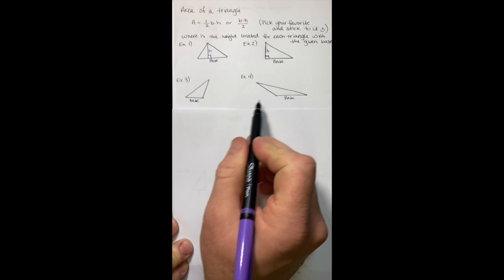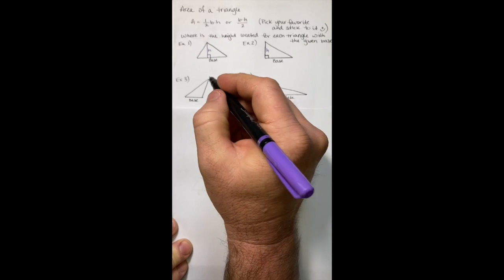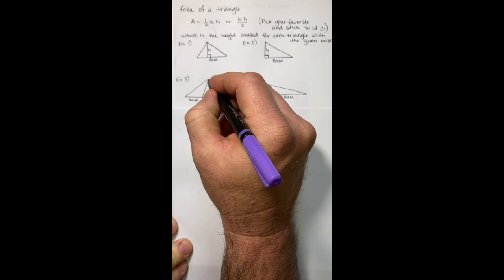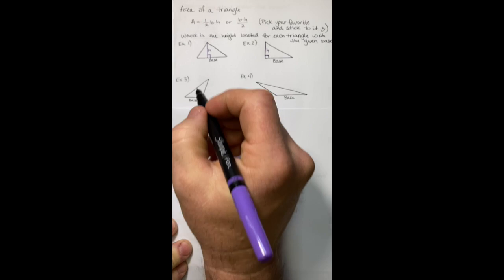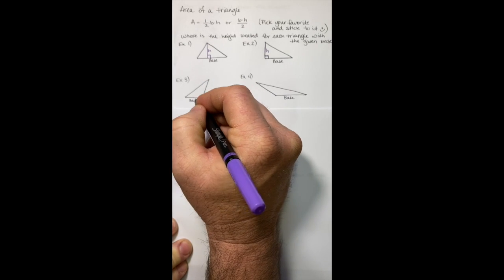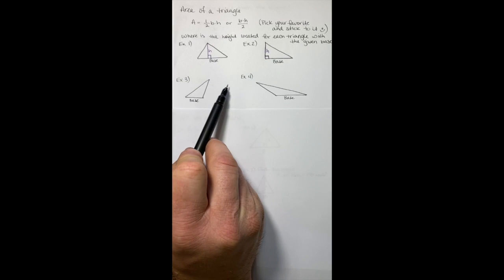And then we have two kind of odd-looking ones. If this is the base I'm given, this is the vertex opposite. I can't draw a 90-degree angle in there. So what we'll have to do is extend the base in the direction that the vertex is leaning. See how this triangle is kind of leaning this way?